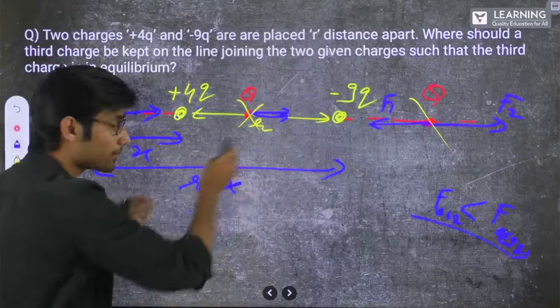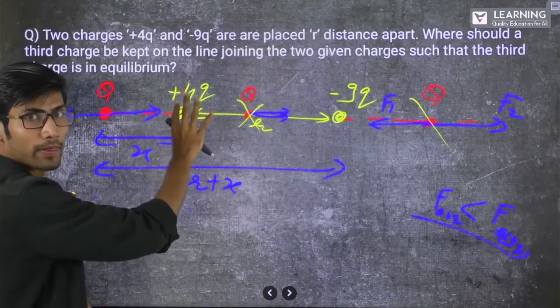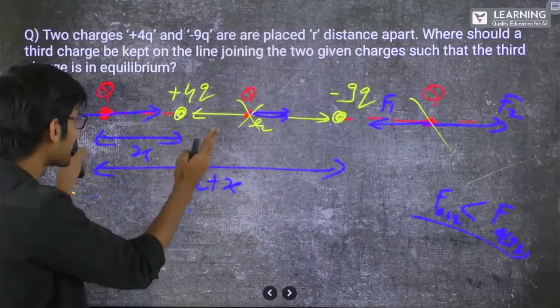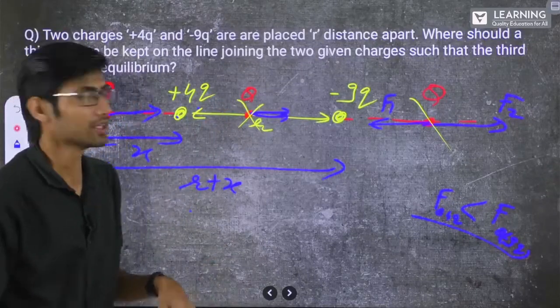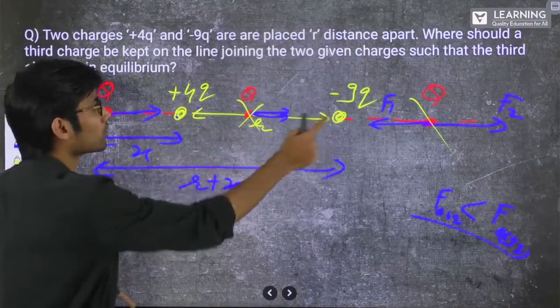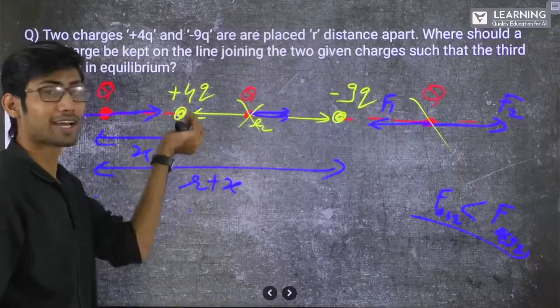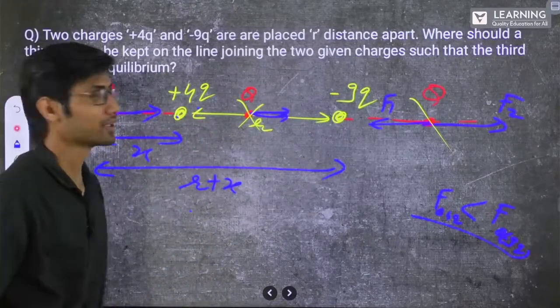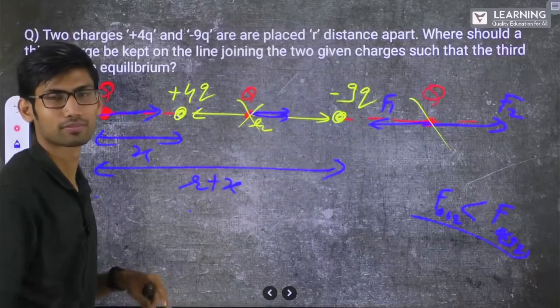Here the charge is small, which means the influence of force will be less, but the distance is also decreased, so the influence of force will be more. So the force on this due to this can be equal to the force on this due to this. The charge is small, but the distance is also small. The charge is bigger, but the distance is also more. Got the point?